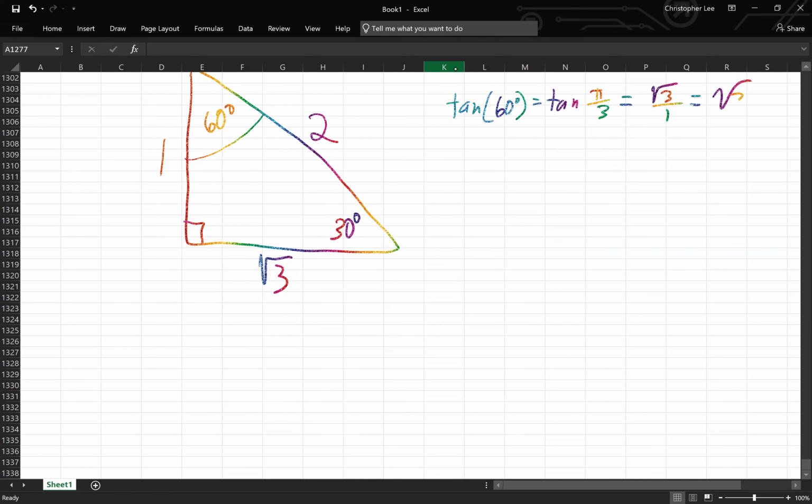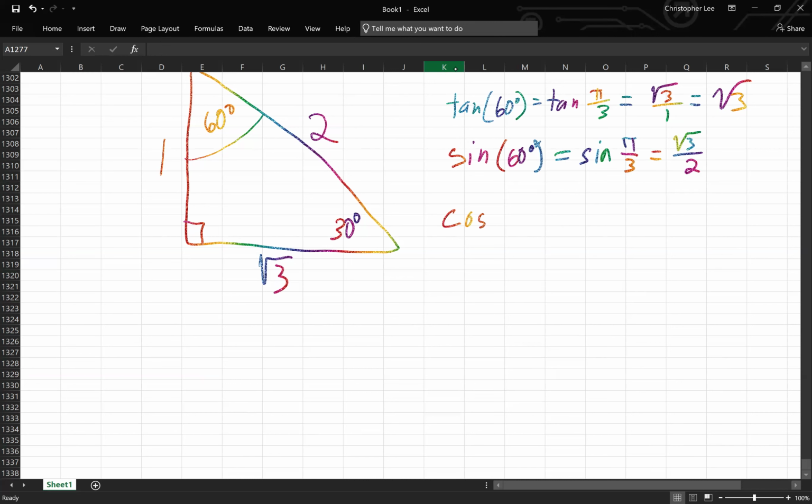Call that square root of 3. I want to know what is sine of 60 degrees. And remember that this is the same thing as sine pi over 3. And sine is opposite over hypotenuse, so this is going to be square root 3 over 2.